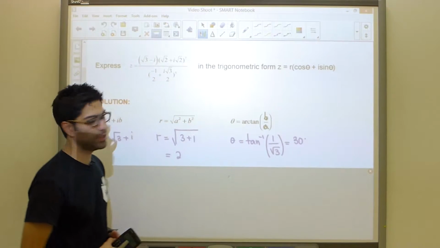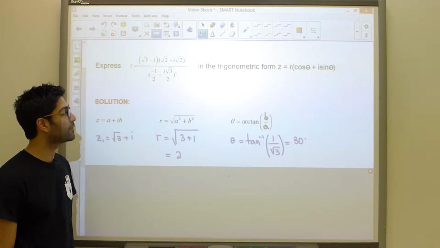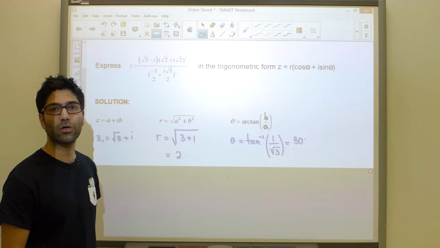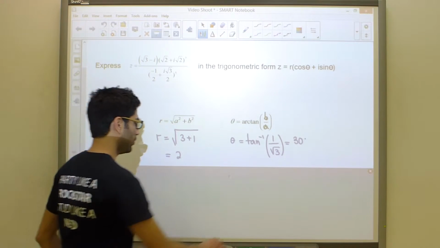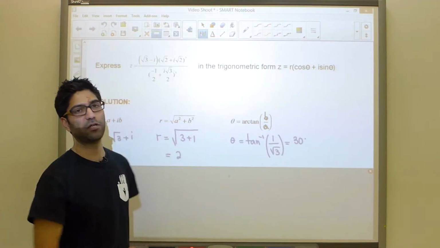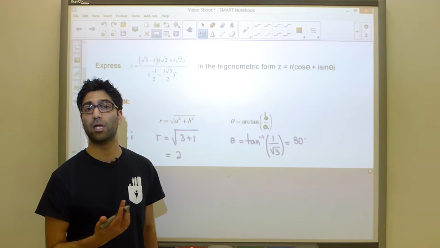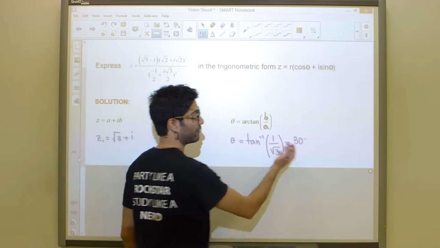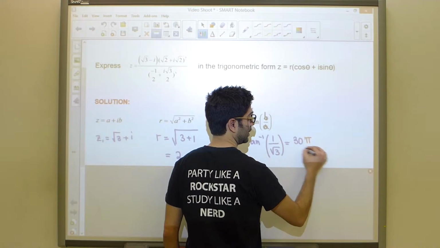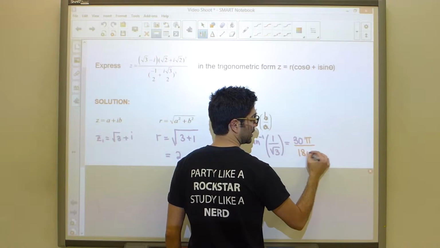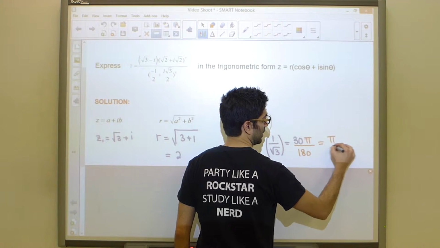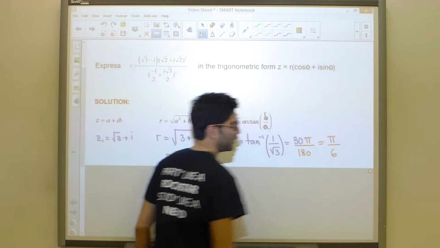So we got 30 degrees. And in these types of problems, we kind of always want to work in radians. So we know that in order to convert from degrees to radians, it's a matter of multiplying by pi and dividing by 180 every time. So if I want to convert this into radians, slap on a pi and divide by 180. Simplify this just a little bit. And now you have your angle in radians.